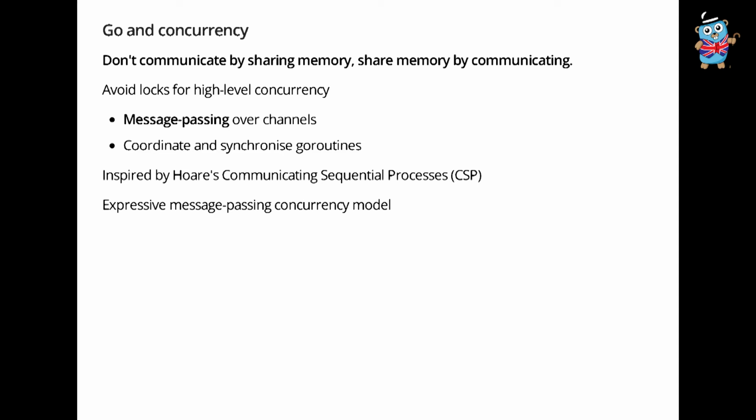This captures the concurrency model of Go very well, because instead of using threads and locks for doing high-level concurrency like most other programming languages or libraries, in Go we have message passing over channels. These messages are used for coordinating and synchronizing different Go routines. So that's how we get our concurrency.